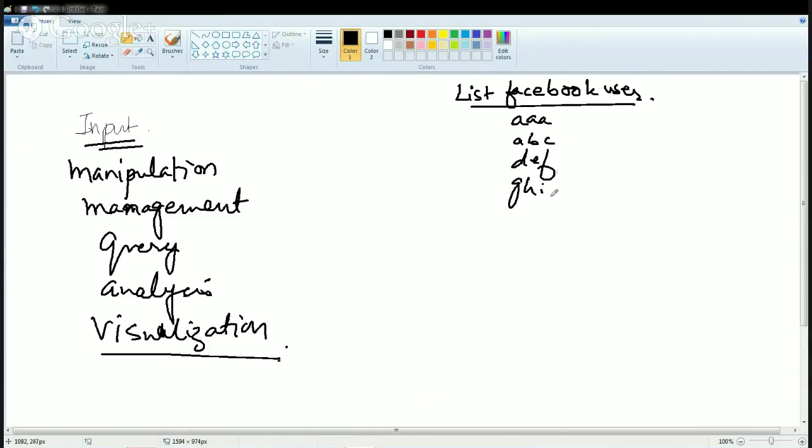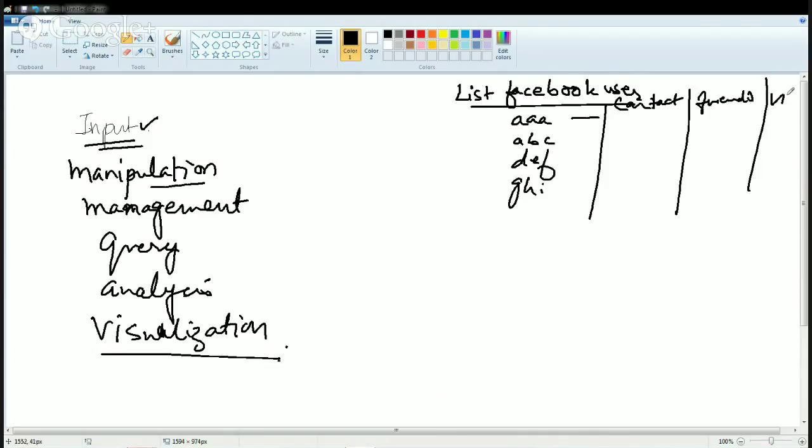Based on these four users, first we'll have to input this data. Then is manipulation, where we'll need to see what the users are. Then related to each user, I'll have a list of data, for example their contacts, their friends, their videos, and so on. So I'll have to manage this data so that I can access it wherever and whenever I want.